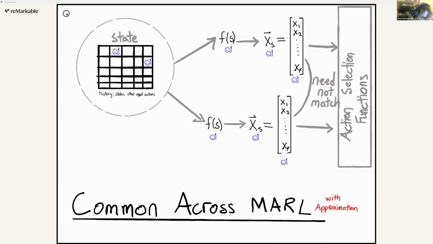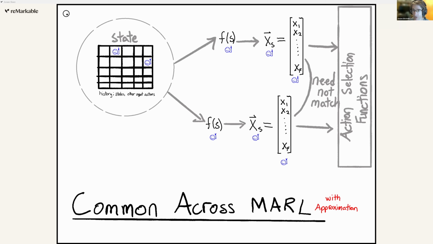Oftentimes we're talking about neural network functions, but it could be any type of function or approximator that uses parameters. So in order to use approximation, we usually need to have some sort of feature vector mapping, because the function approximation we're using usually requires a defined shape of the data in some way.